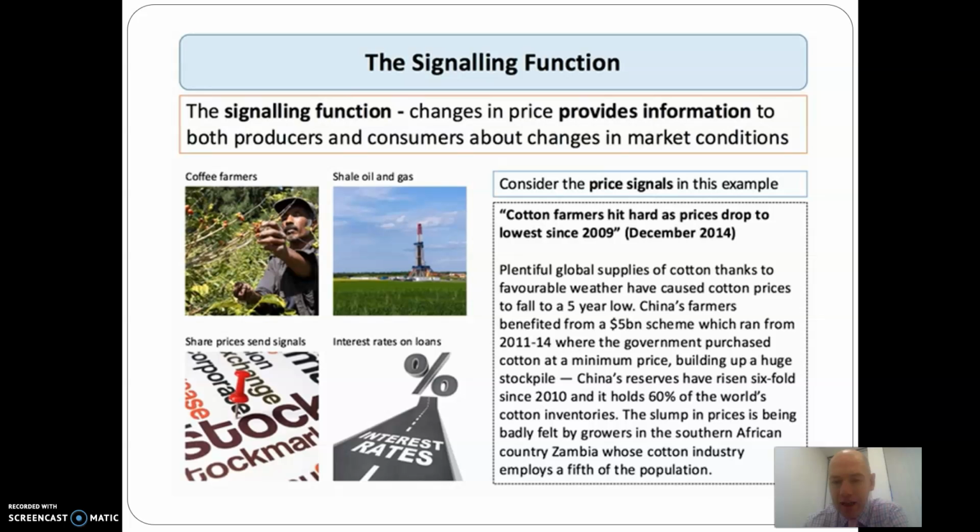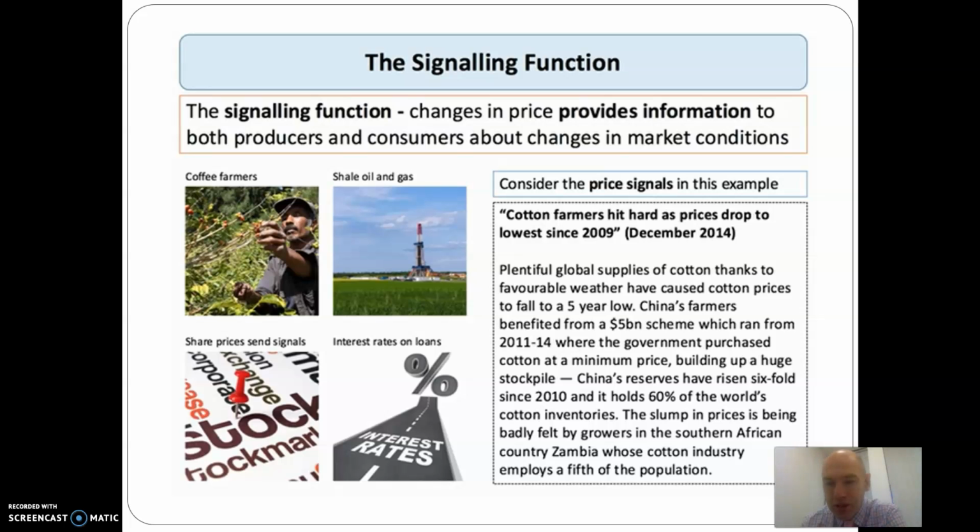If you have a look at the little article on the right hand side, cotton farmers have been hit hard as prices dropped to their lowest since 2009. And basically, the article, and you can have a read of it, but it's all about the plentiful supply of cotton, mainly because of excellent weather, which has meant greater production, and that's driven prices down.